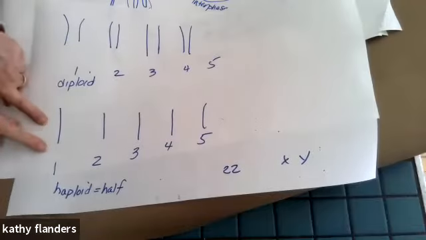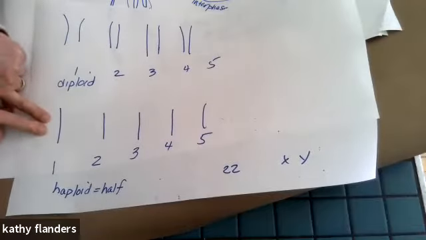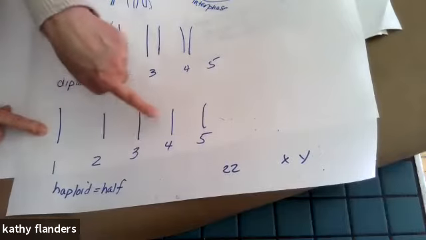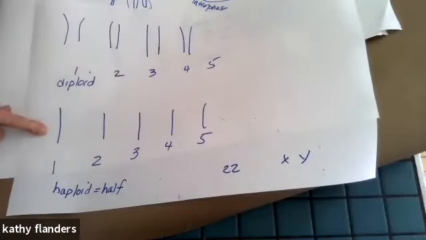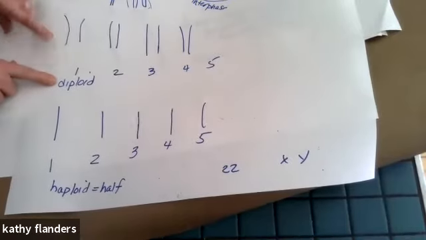But that is a haploid set, meaning it's still going to have all of the chromosomes. It's just only going to have 1 of each, versus diploid, where there'll be 2 of each.